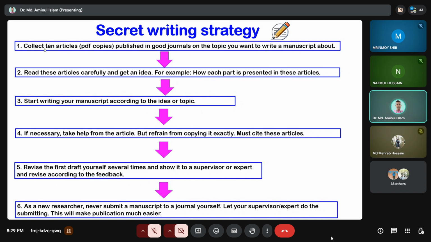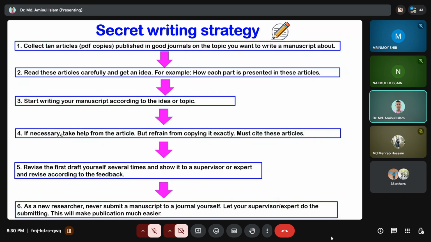For example, collect 10 articles published in good journals on the topic you want to write a manuscript on. Then read these articles carefully and get an idea, for example, how each part is presented in these articles. Then start writing your manuscript according to your idea or topic.